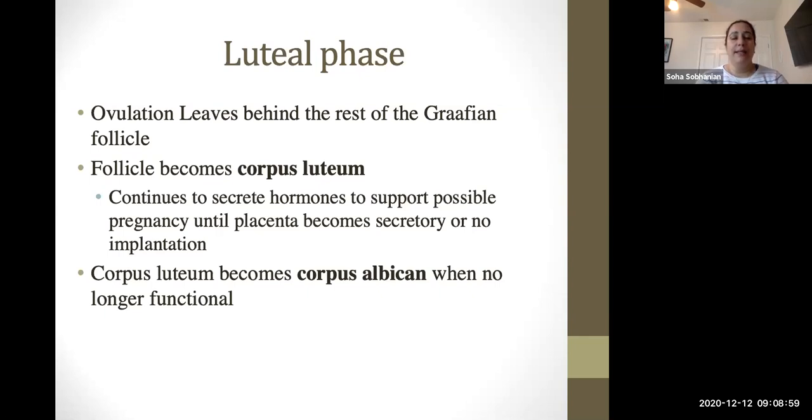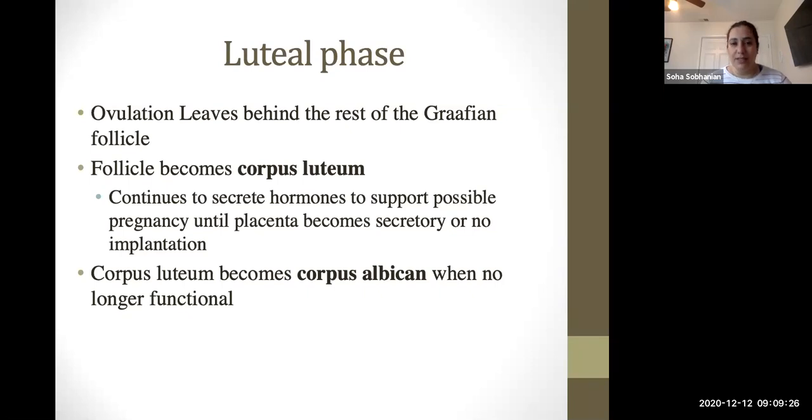So why do I need estrogen? Because as the estrogen level elevates, as well as progesterone, but not as much, as the level of these two hormones increases, you are going to prepare the inside lining of the uterus for a possible pregnancy and implantation of the embryo.